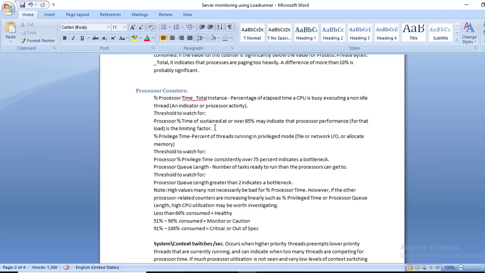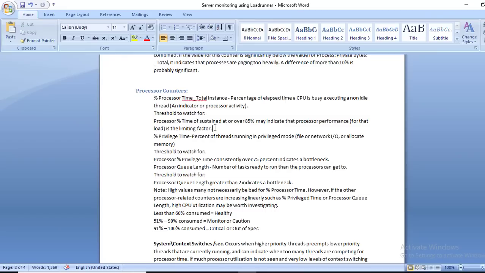If the CPU goes above 85%, it may be the cause of a bottleneck. We have seen it already in our practical life. While we are using the system, sometimes it happens that the processor goes to 85%, 90%, 95%, causing the system to hang.